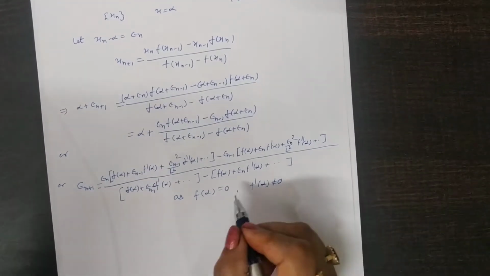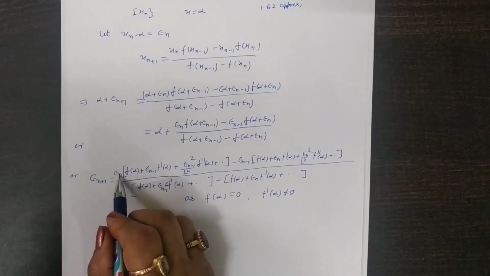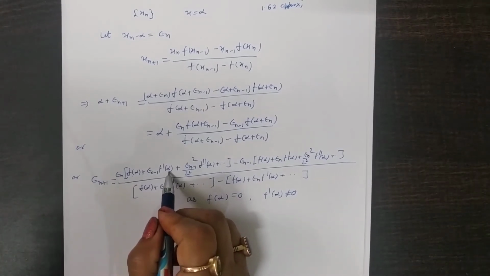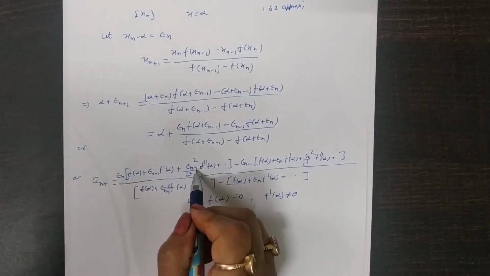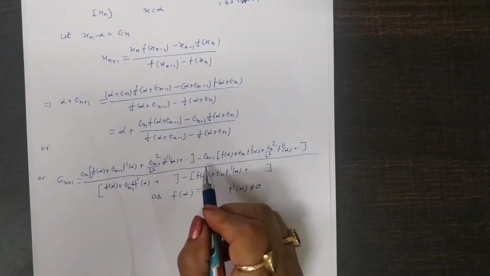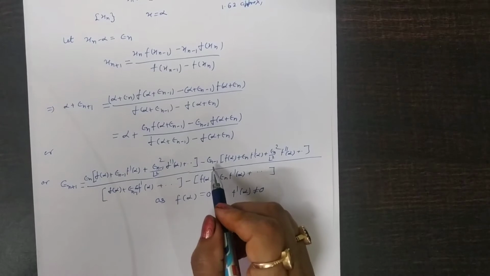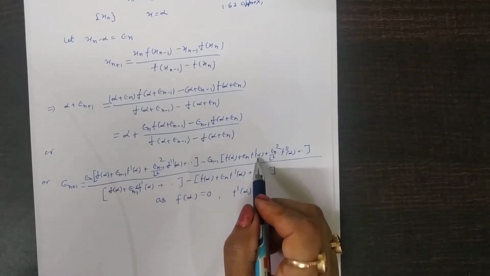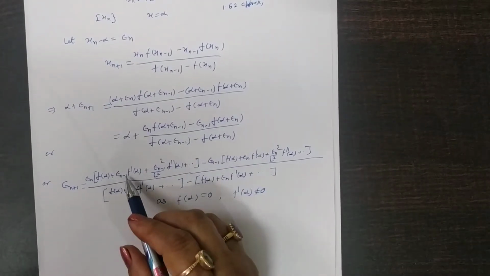So f(alpha) is 0, so the first part becomes epsilon n epsilon(n-1) f'(alpha) plus higher terms. The terms with plus and minus epsilon(n-1) epsilon n f'(alpha) cancel out.